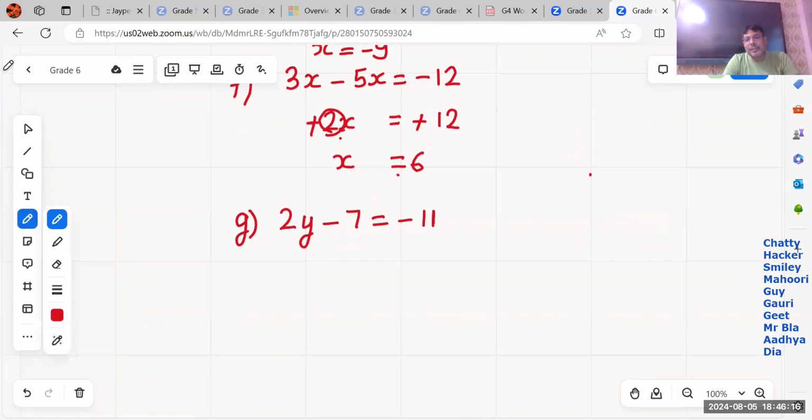Smiley, practice की sheets जो मैंने बोला था. Yes or no? No, sir. Not a great thing. Seriously, beta, not a great thing. You don't listen to the teacher, then you will suffer. It's your loss, beta, not my loss. When I say something needs to be done, it has to be done. Do you understand that? Yes, sir.